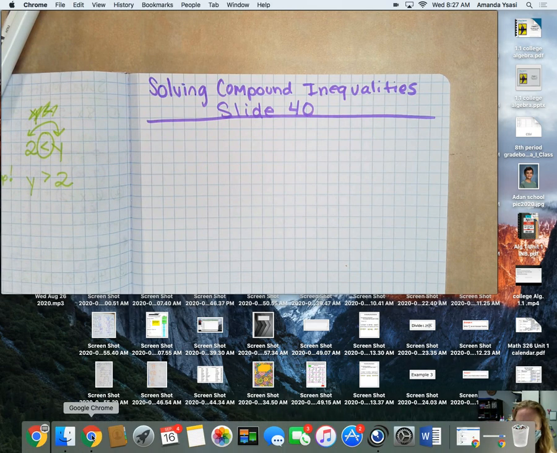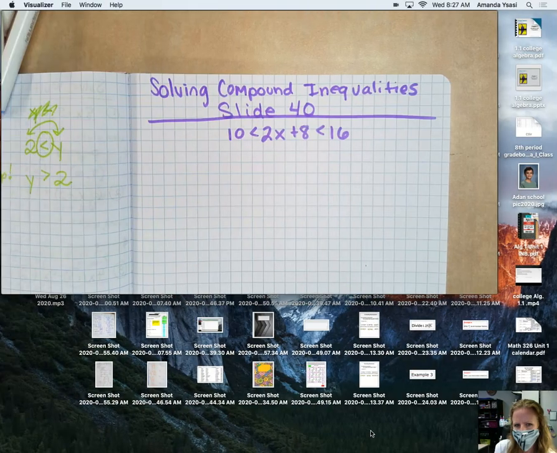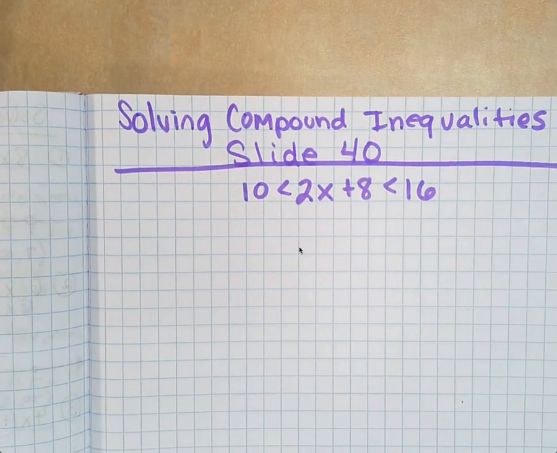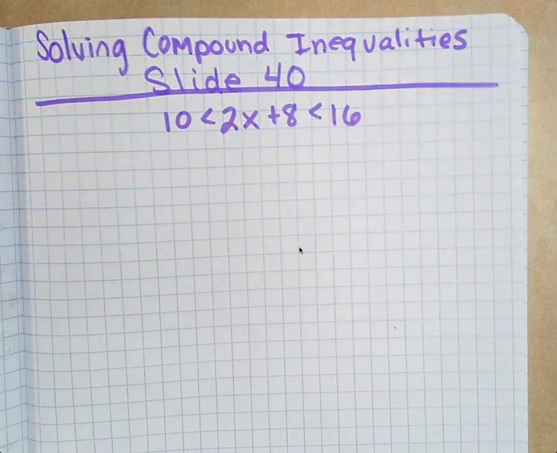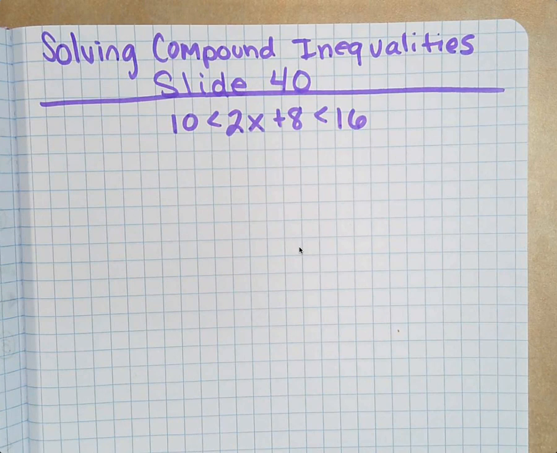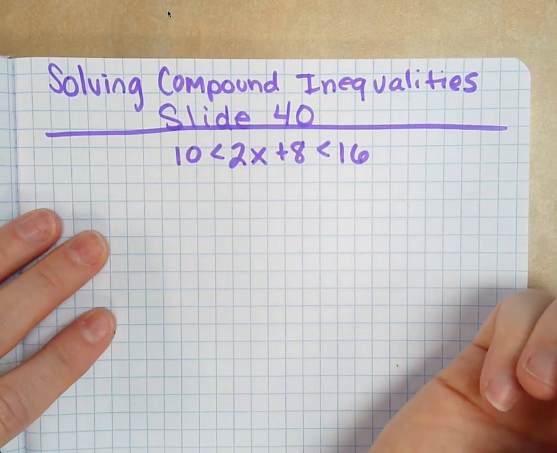Okay, and then we are going to write the inequality. And we are going to do the first method, which means we are going to separate the two inequalities.